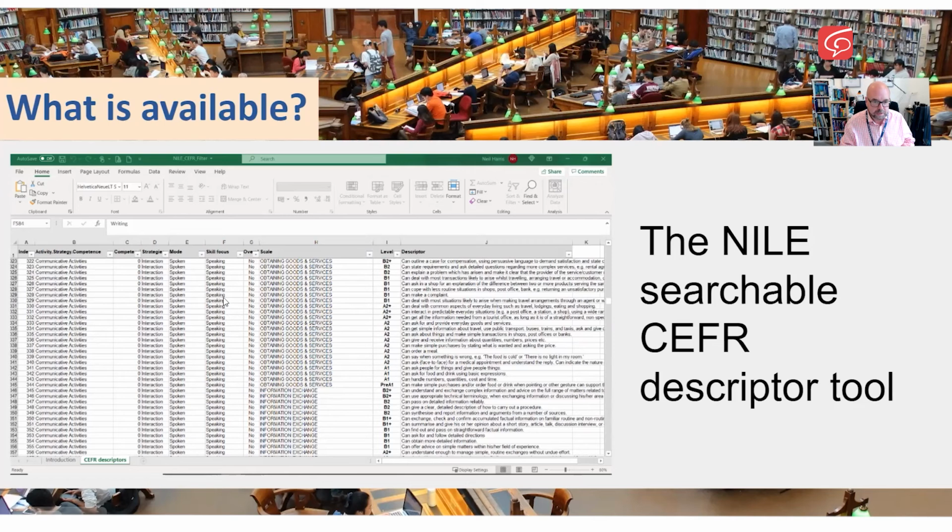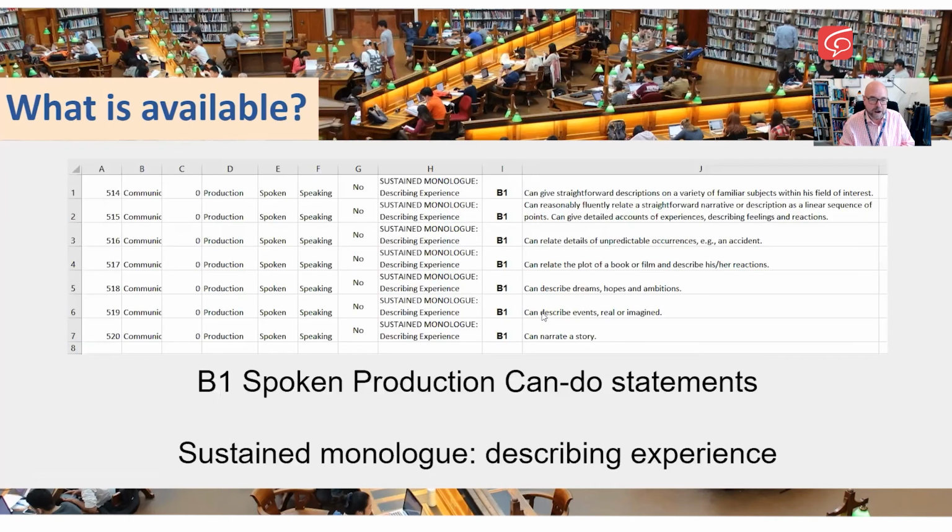You may only be wanting to limit your focus to speaking, not reading, writing, mediation, or whatever. You might also want to look at the particular sub-skill or the scale. So this searchable tool, which is available on the NILE website, enables you to focus down much more on a particular level and a particular area.